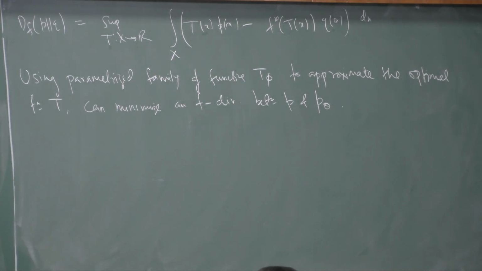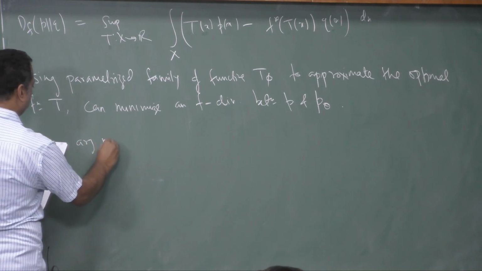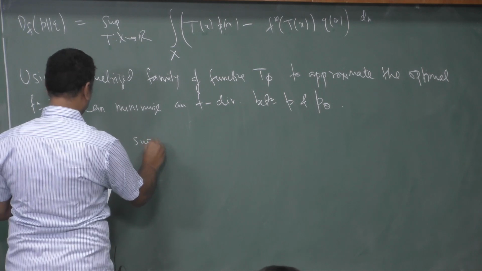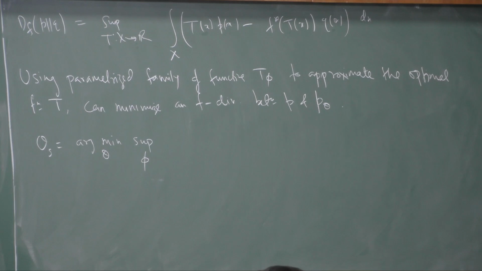P could be our underlying distribution, and P theta is the distribution that we use to approximate P. With this setup, we would like to write the GAN objective, or the min-max problem. So this is arg min over theta and then supremum over phi, where phi is the parameterization of T phi.